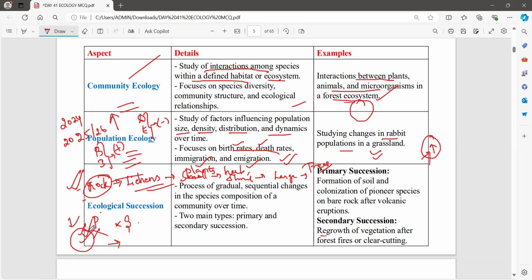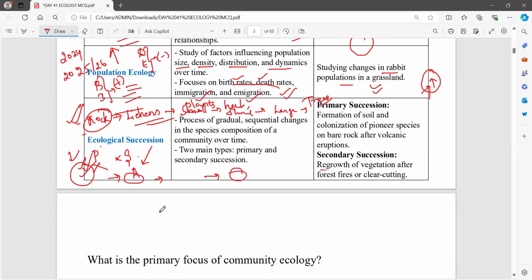The entire ecosystem gets damaged, but it is not completely destroyed. The seeds which are present in the soil, when exposed to rain, start to emerge. After that it leads to herbs and shrubs, and after that to bigger plants.